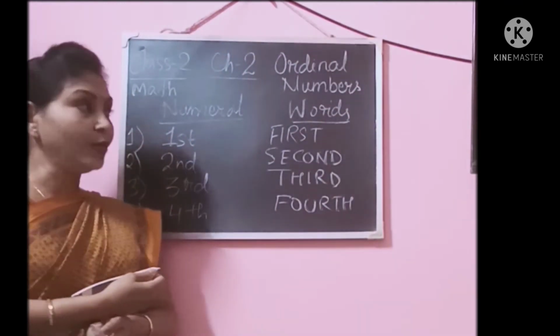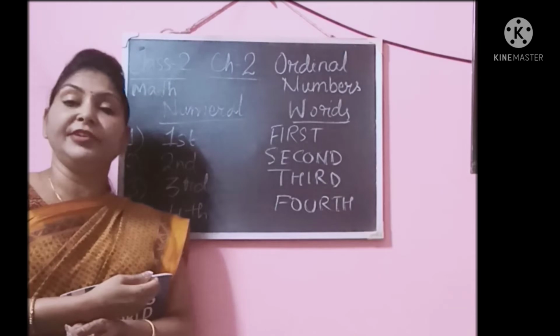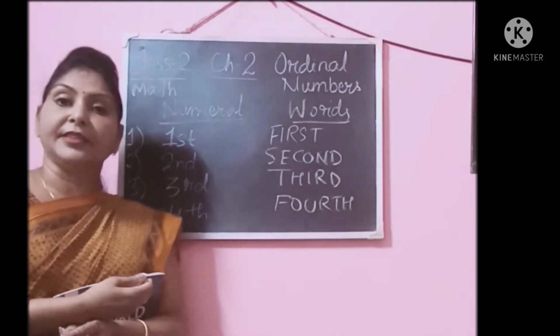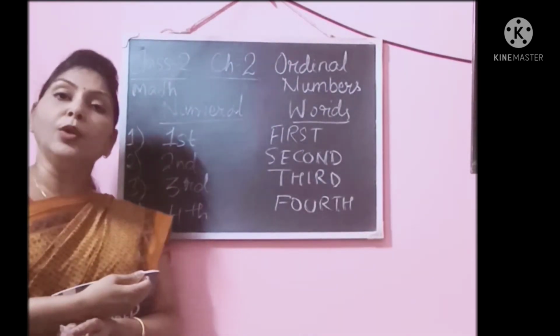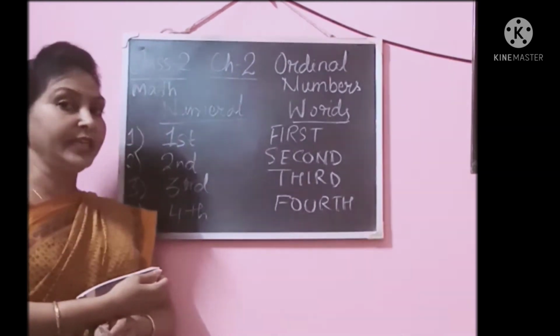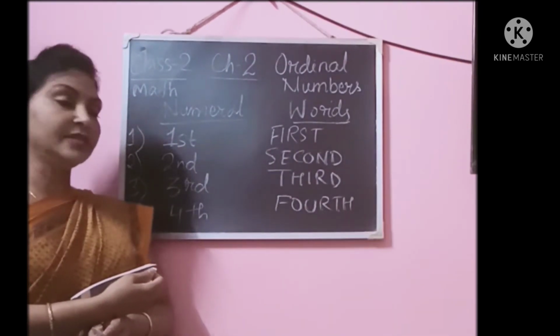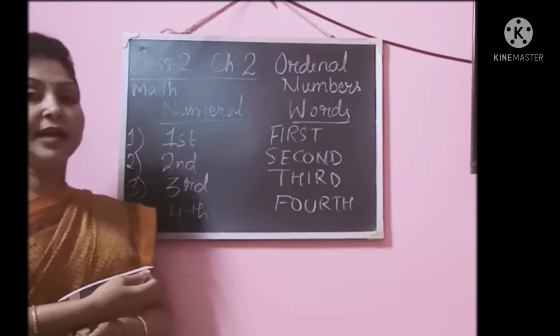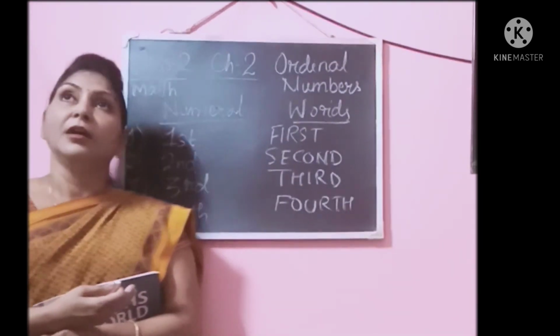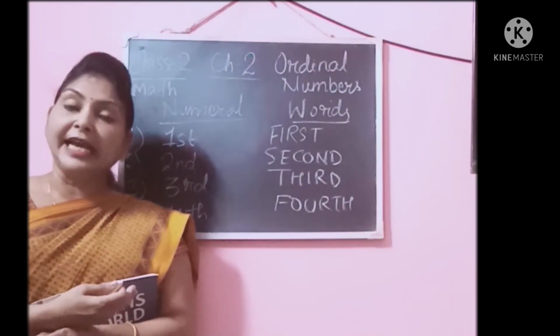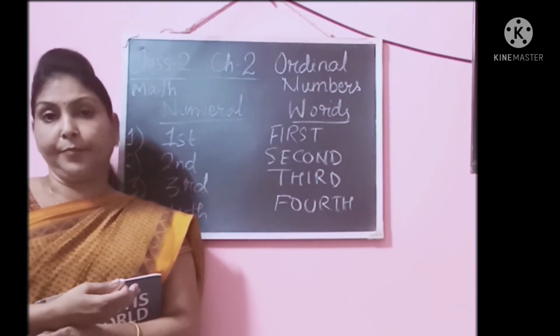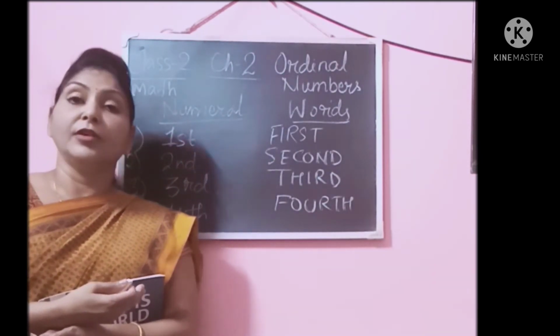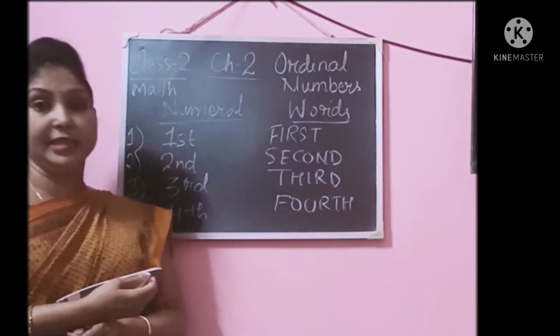But thereafter, when we come to 21, we don't say 21th, that is wrong. We will say 21st, 22nd, 23rd, like we have learned first, second, third. And thereafter 24th, 25th, 26th.